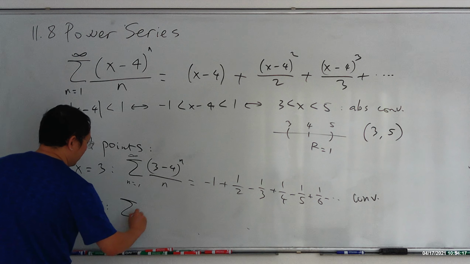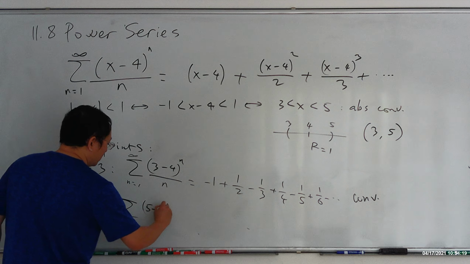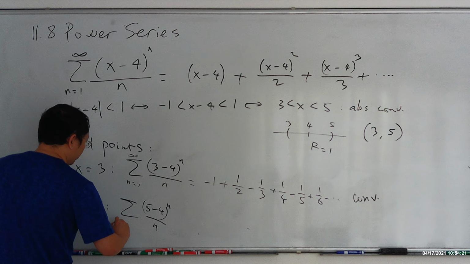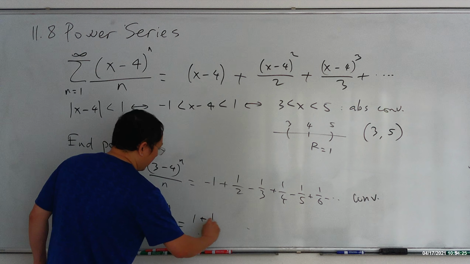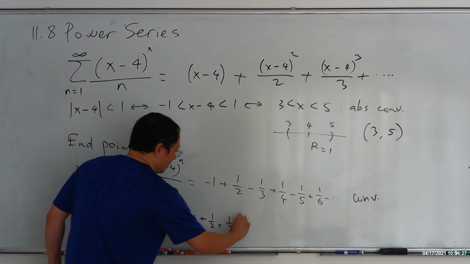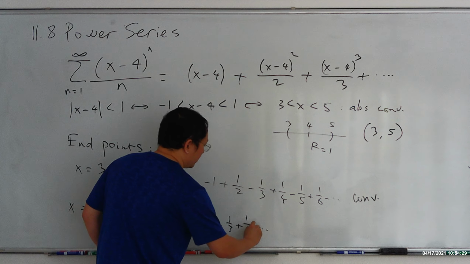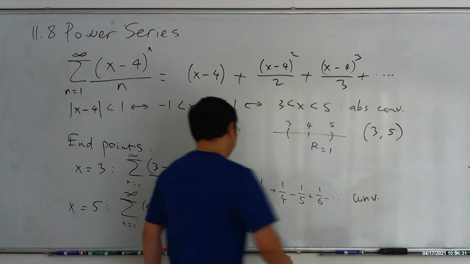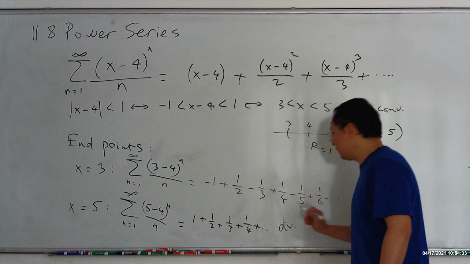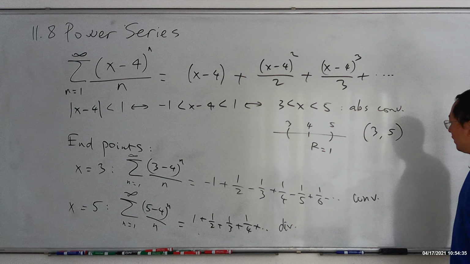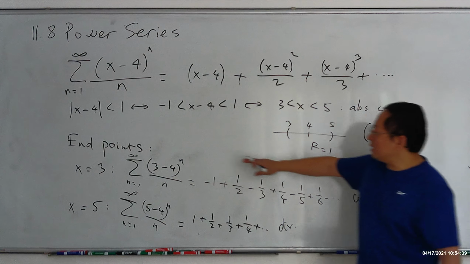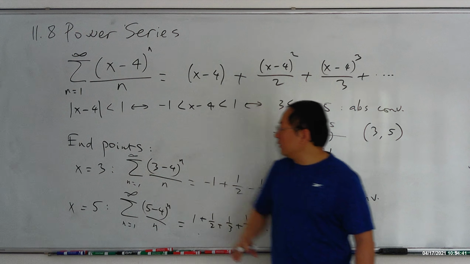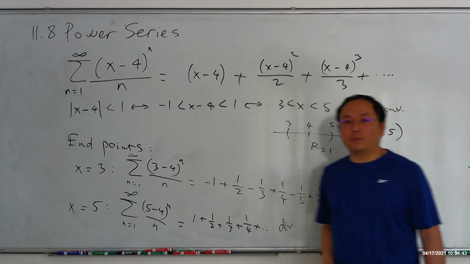So x equal to 5. You have the sum of (5 minus 4) to the n over n, n running from 1 to infinity, and this is 1 plus 1/2 plus 1/3 plus 1/4. And this is the harmonic series that we learned before. This is divergent. So the endpoints here have two cases: the first endpoint is convergent, the second endpoint is divergent.